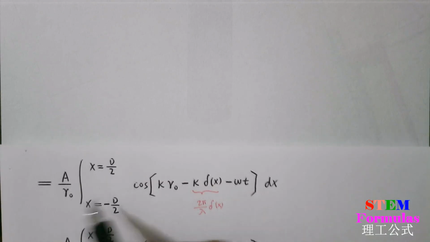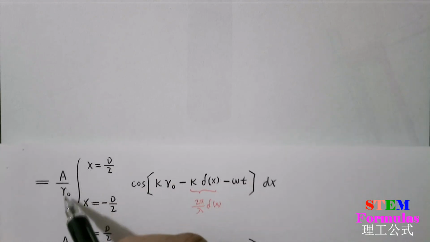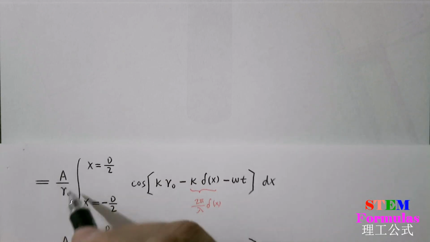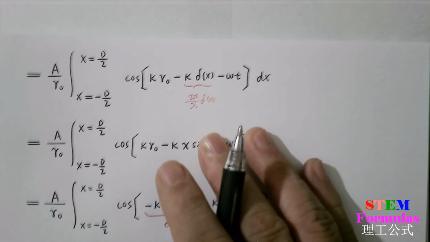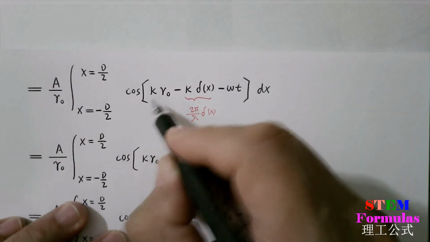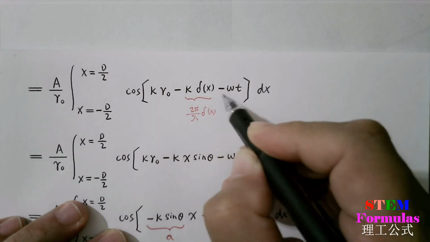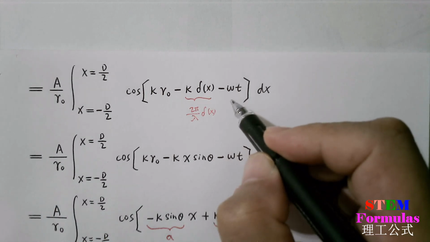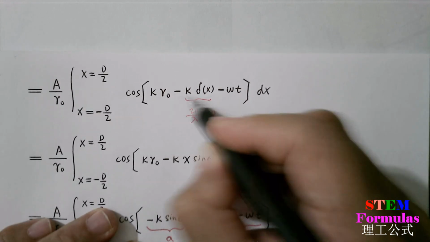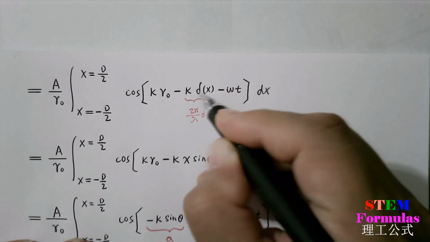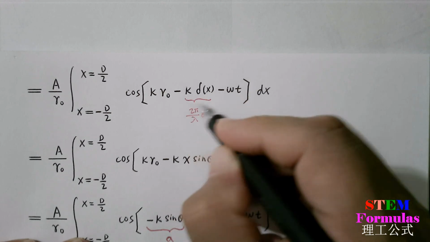So I will get a divided by R0 times the integral of this whole term. Now we have k R0 minus k delta minus omega t. I cannot ignore this term. Although delta is small, I cannot ignore it.